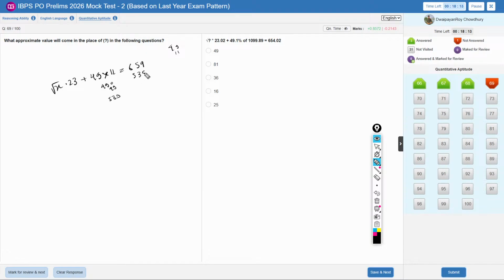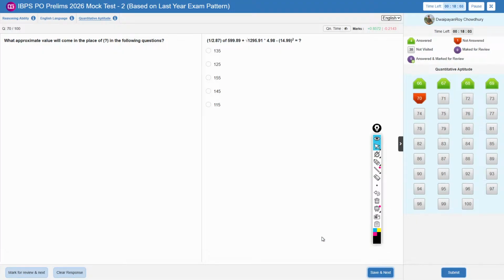539. If I subtract from it, then it becomes 511. Okay, so 5. So 25. 1 by 3 into this is 200 plus 1295, right?